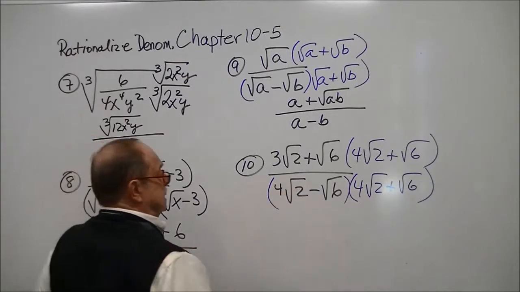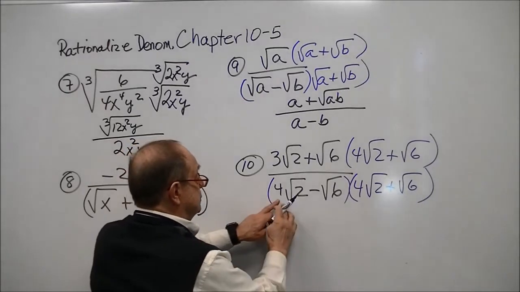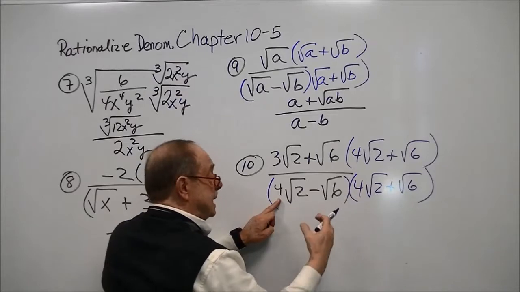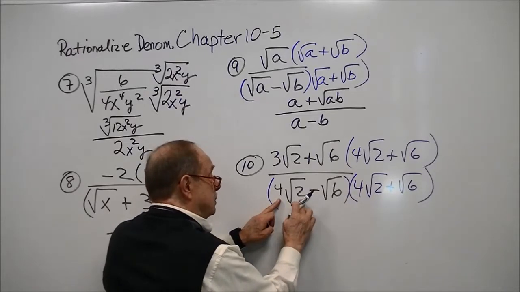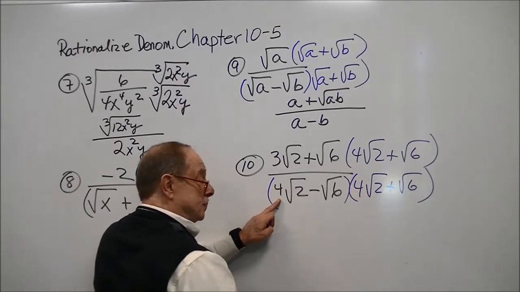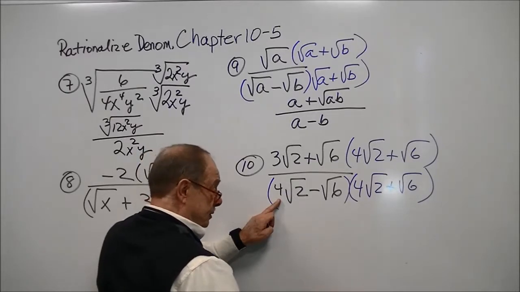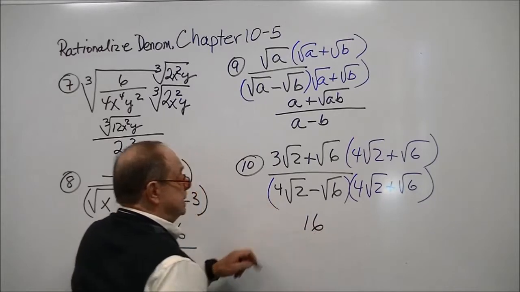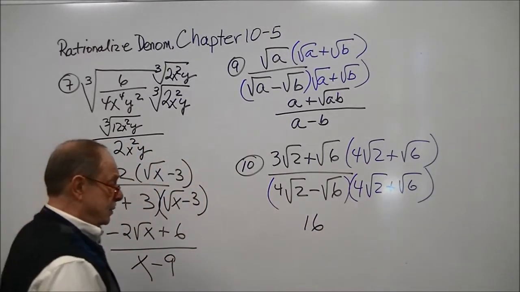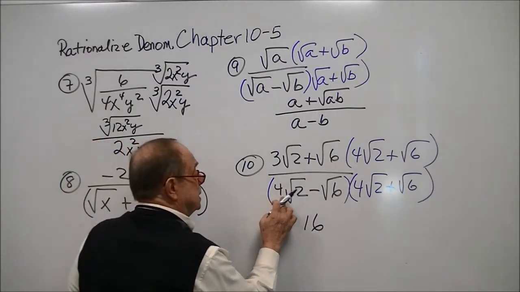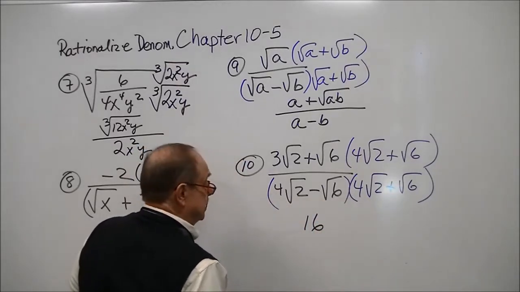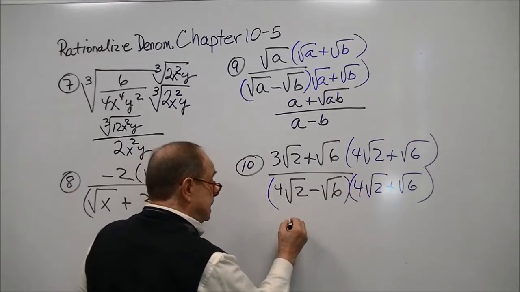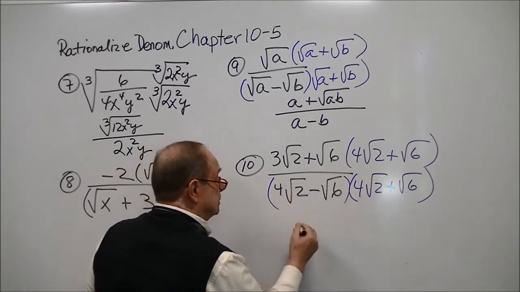This one's a little tricky, because as you FOIL this, it's 4 times 4 is 8. Square root of 2 times the square root of 2 is the square root of 4, which is 2. So 2 times 8 is 16. So once again, 4 times, well, let me go here again. 4 times 4 is 16. 16 times 2, actually.